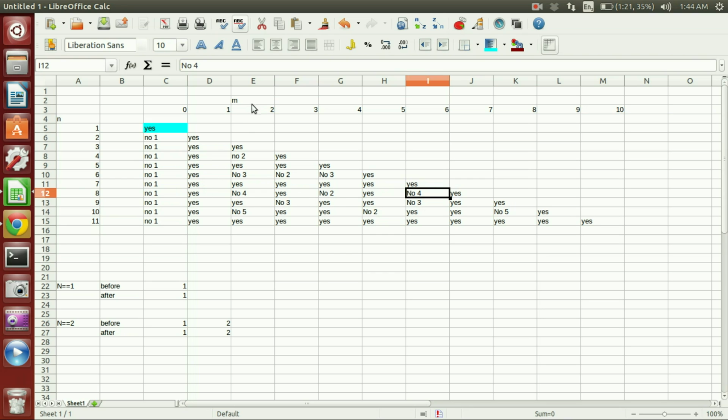Say we want to calculate n equal to 8 and m equal to 2. We calculate the GCD of these two numbers, that is 2, and then n div 2, that is 4. For m equal to 6, the GCD of 6 and 8 is 2, so 8 div 2 is 4.